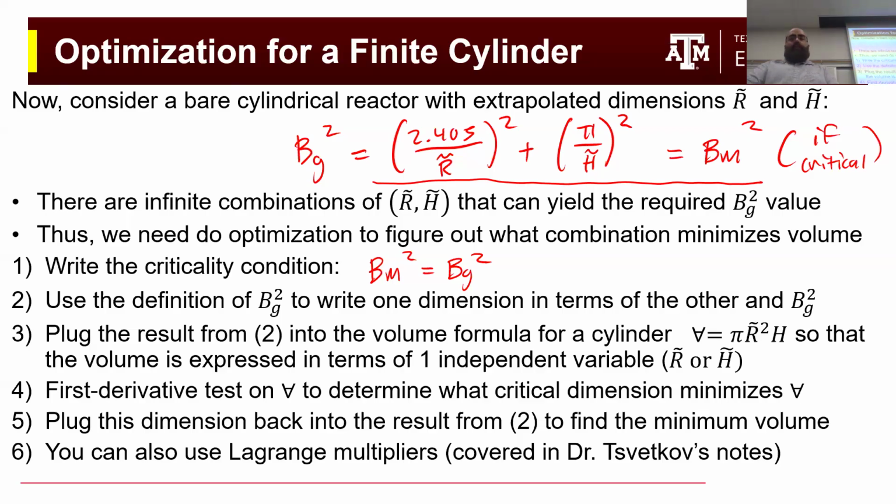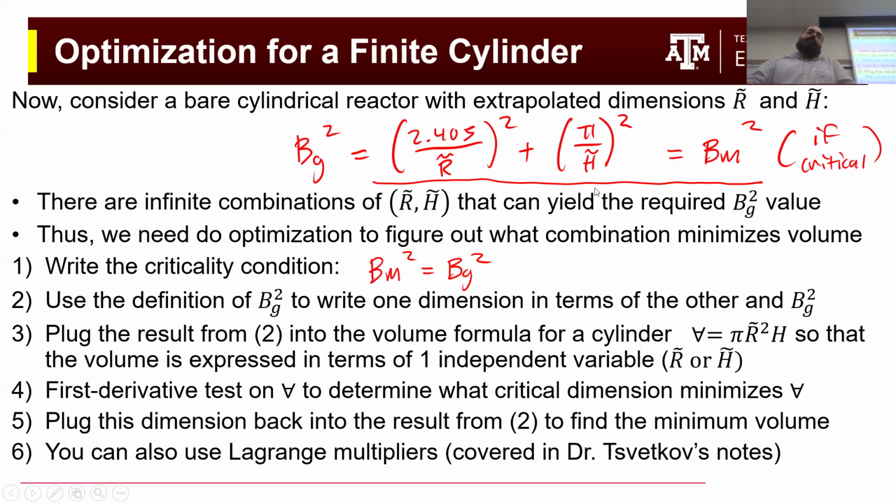And that would tell you the dimension that you solve for that would minimize the volume. So you would find the R minimum or the H minimum. And then once you know what that value is, you could plug it back into your equation up here, and that would allow you to find the critical dimension of your system.